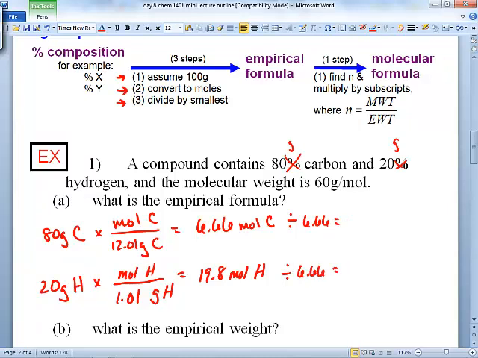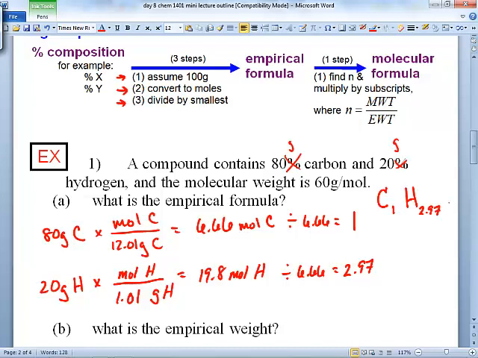Okay, so here we'll get 1, and the 19.8 divided by 6.66. Did you get about 2.97, hopefully? That's what I got. So what this means, we're done with our empirical formula. You can write C, H, and a 1 there and a 2.97 there.